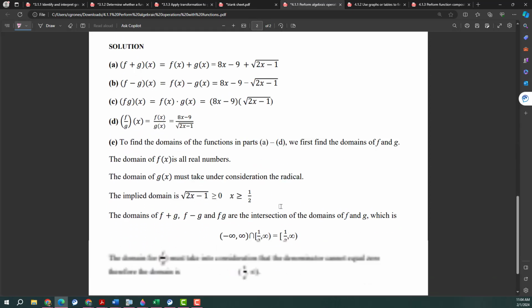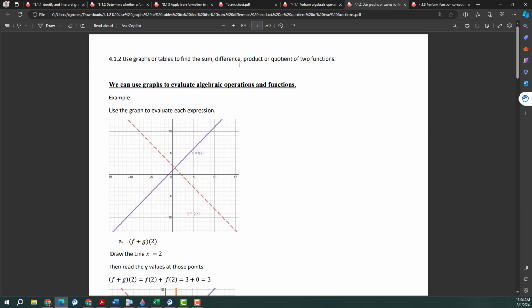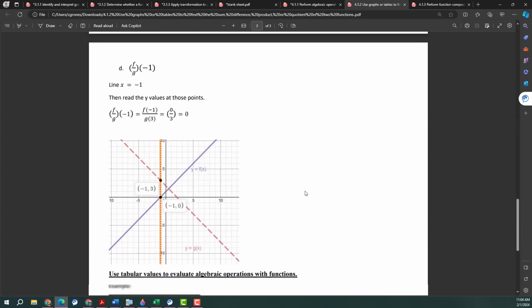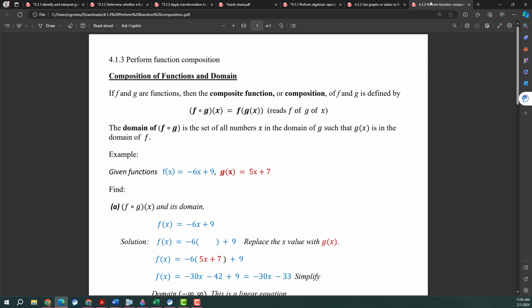I am going to go over some of the homework questions. So that is 4.1. 4.2 says to use graphs or tables to find the sum, difference, product, or quotient of two functions. So look at these examples that they have, and I am going to do some of the homework questions with you. And then 4.3, composition of functions and domain.